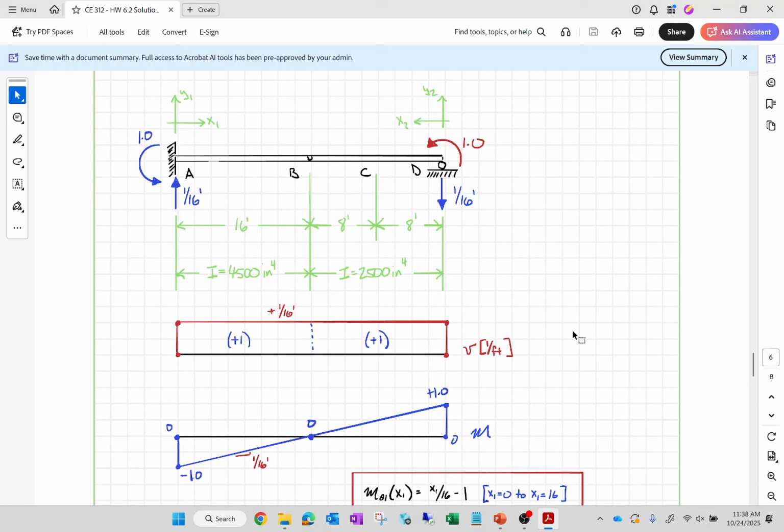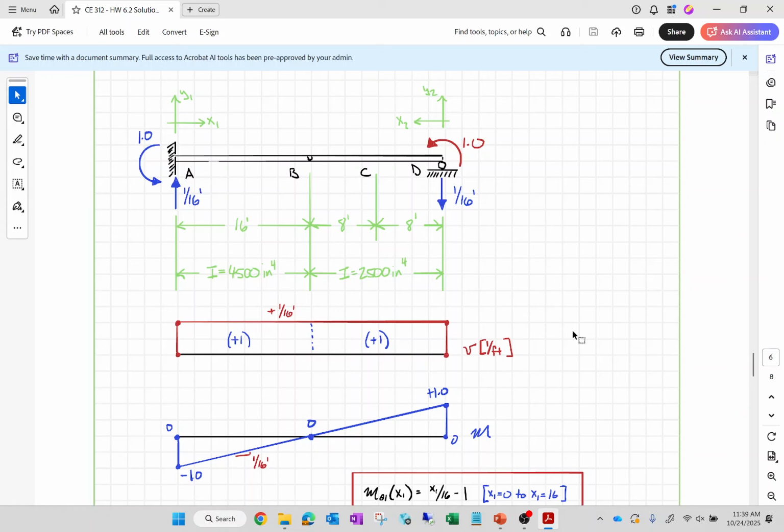I propose that there's a reaction right here. Now, I assumed it's acting downward, but let me show you why. This distance here is x2, because I'm in this region of the beam, and I use x2 here. I need to be consistent.